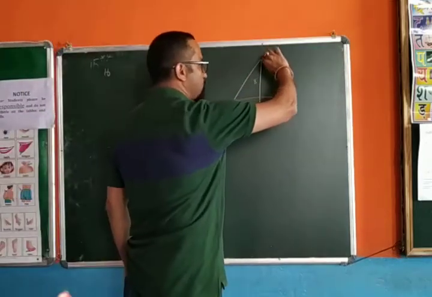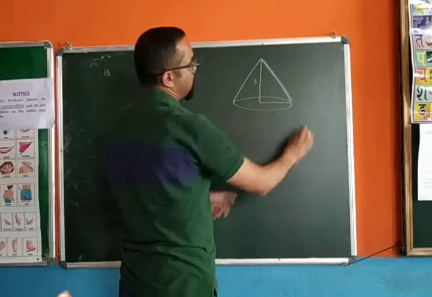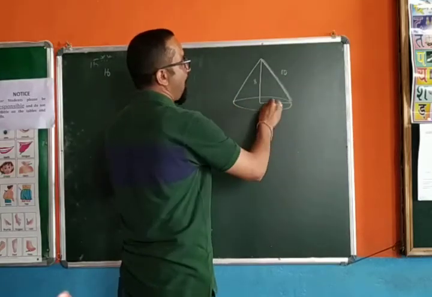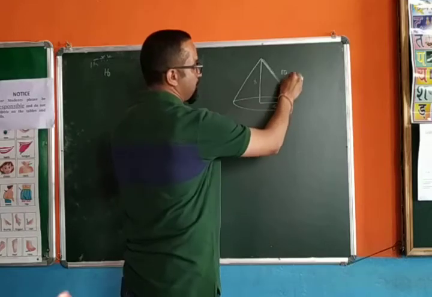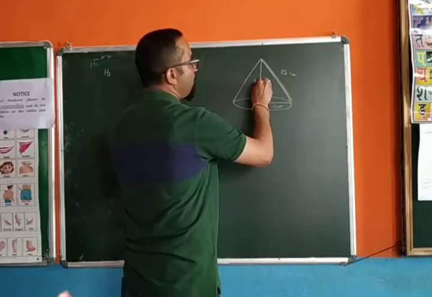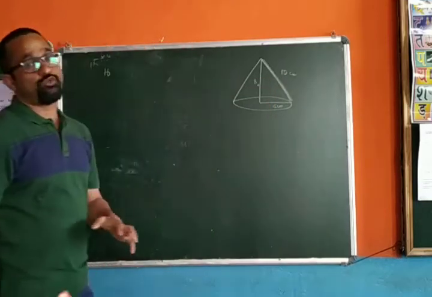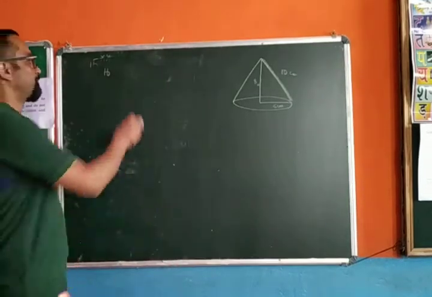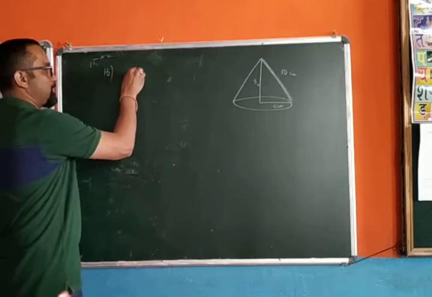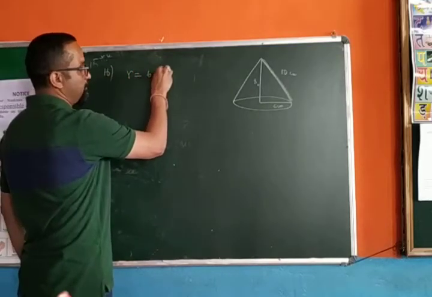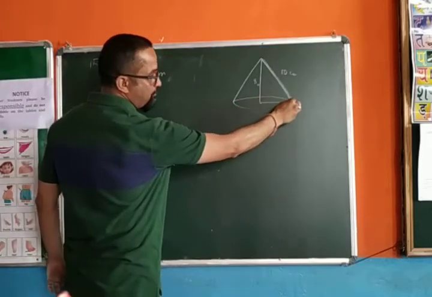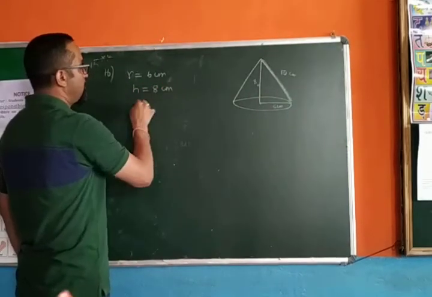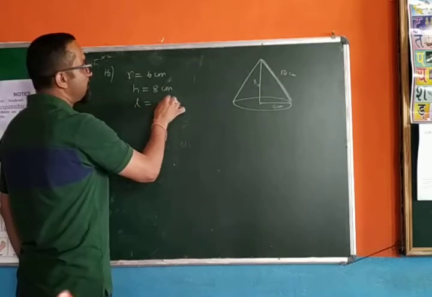In a right angle triangle, the longest side is taken as hypotenuse, 10, and you have base 6. So if you look at the diagram, you know all the dimensions required for cone. Radius is 6 centimeter from center to circumference. Height is 8 centimeter. Slant height is 10 centimeter.